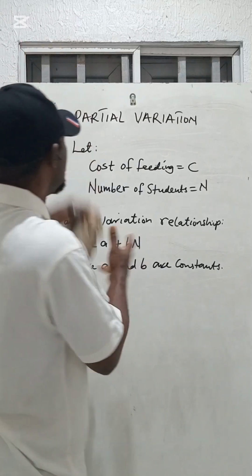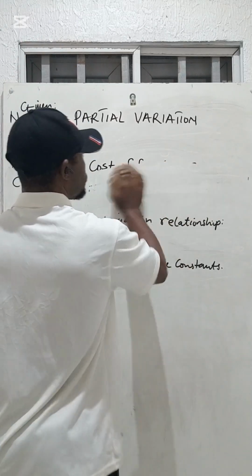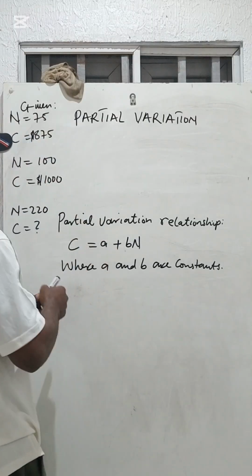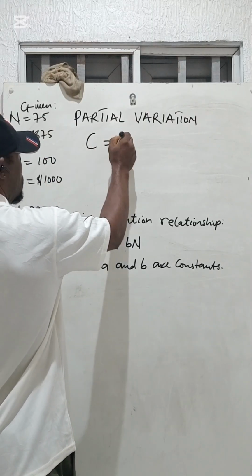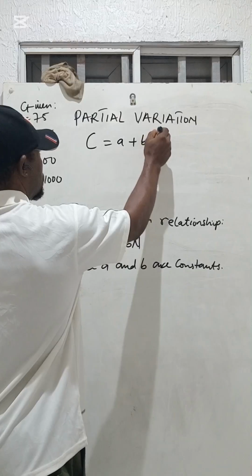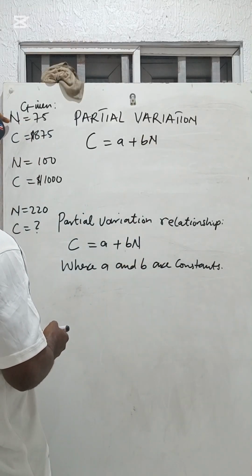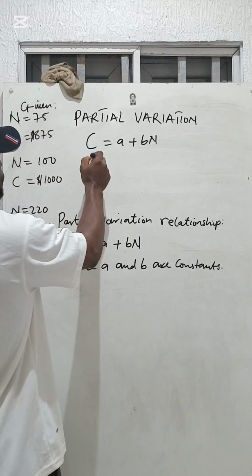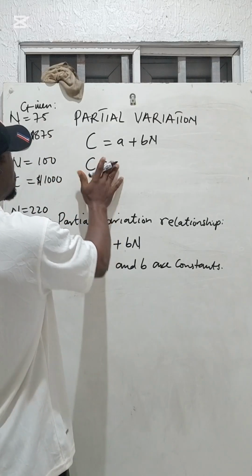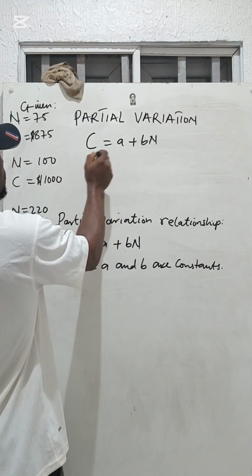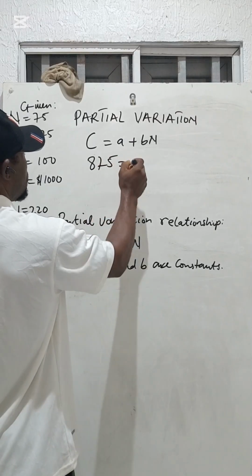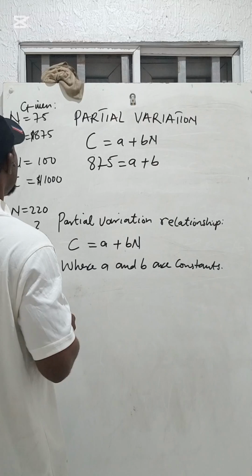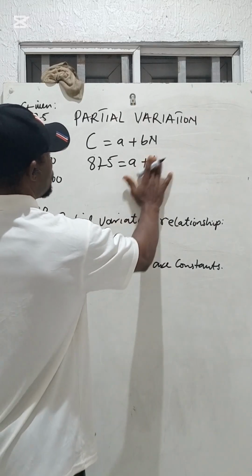So I'm going to wipe this out on the board. The partial variation relationship is C is equal to A plus BN. From the first information provided, N is 75, C is equal to the cost of feeding, which is $875, A plus B, and then the value of N, the number of students, is 75.